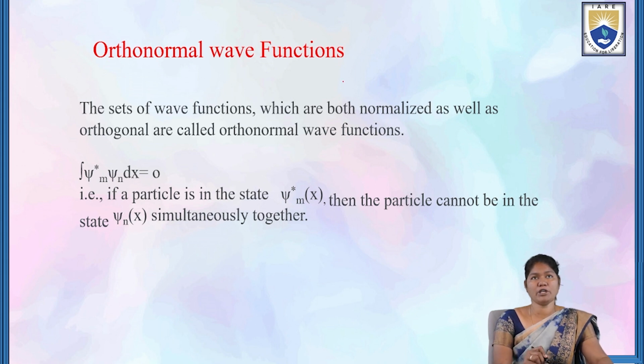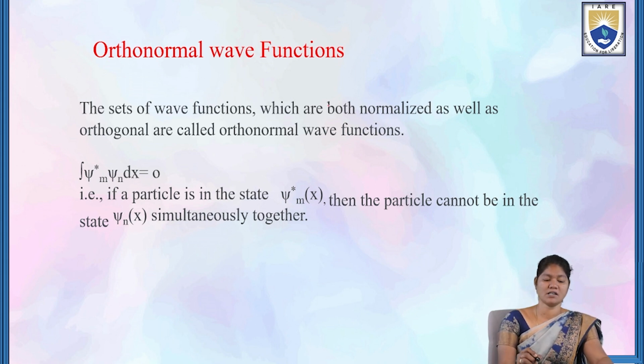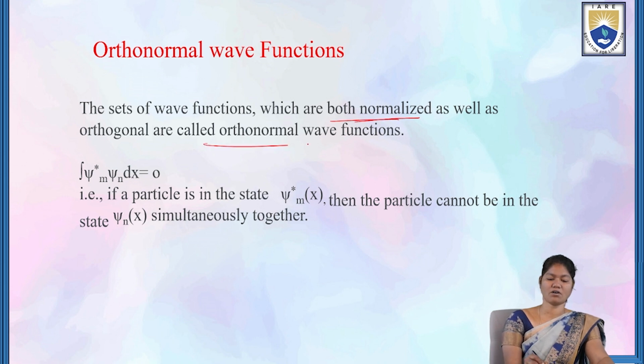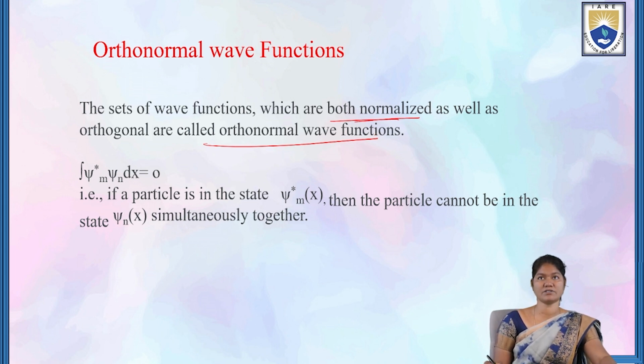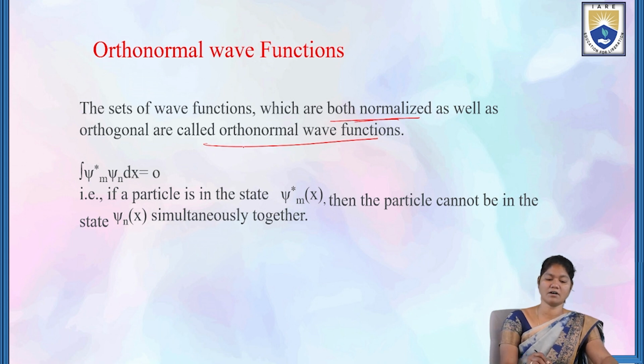So coming to the orthonormal wave functions, the sets of wave functions which are both normalized as well as orthogonal are called orthonormal wave functions. So the integral of psi m star psi n dx is equal to 0.